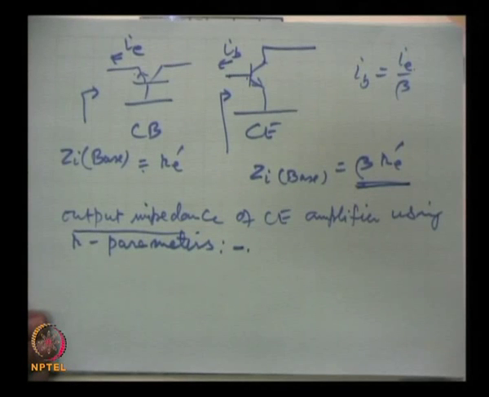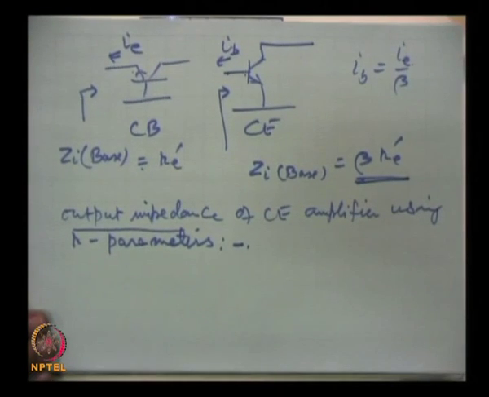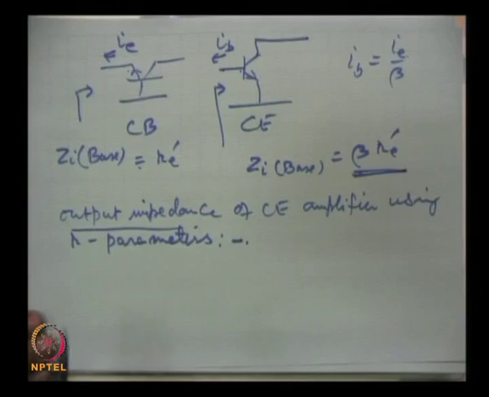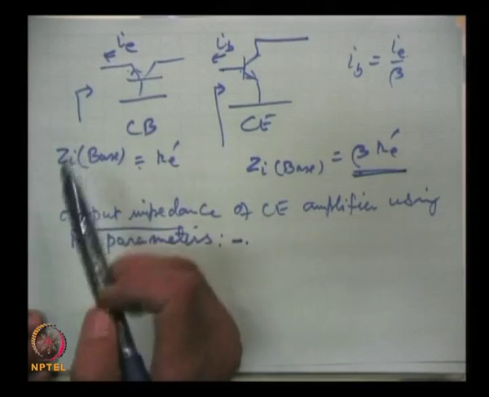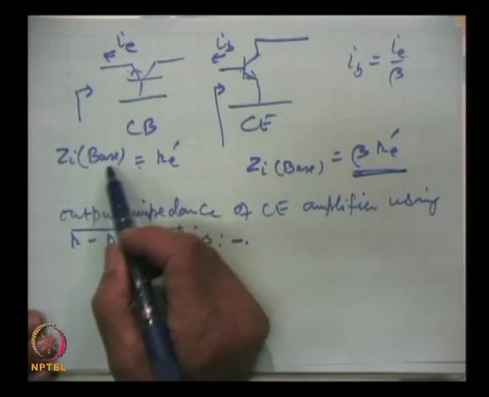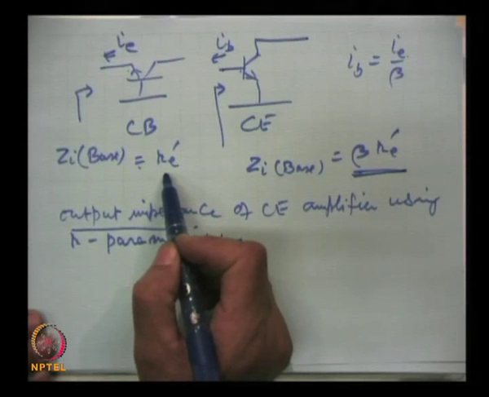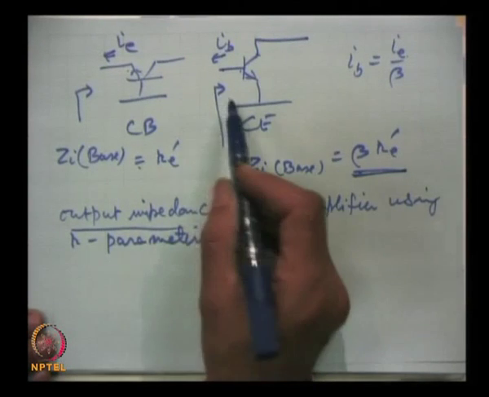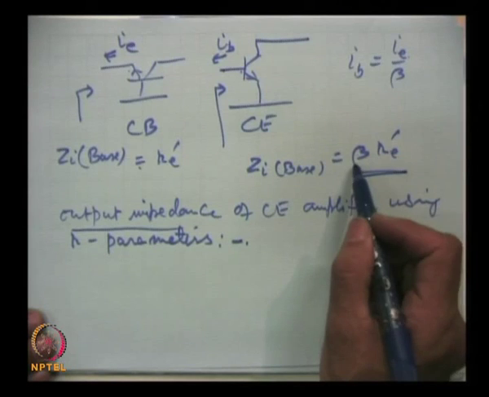Logically we can understand that in CB the input impedance was re prime. In CE amplifier it becomes beta times that.